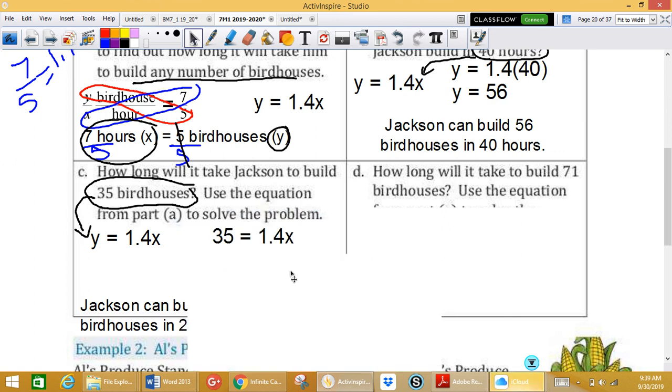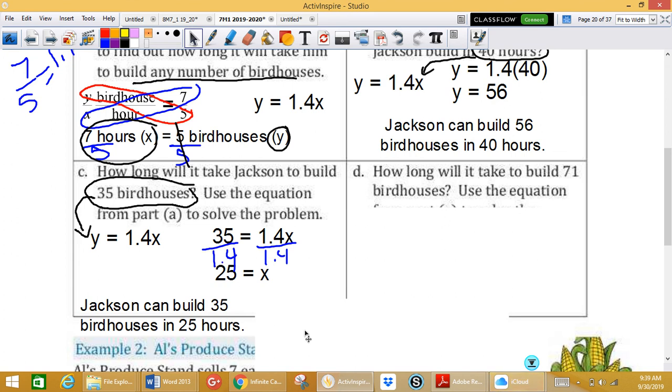So I plug that in, and then I've got to solve for x. So I'm going to divide each side by 1.4. So x equals 25. So Jackson can build 35 birdhouses in 25 hours.